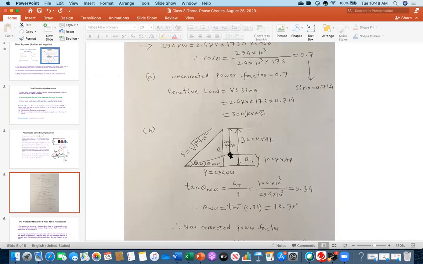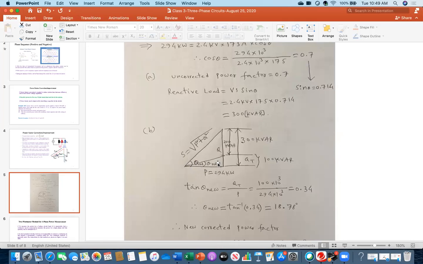This means the capacitor reduced the magnitude of Q. So now you got this new triangle, and this is your new Q. I have called the new one QT, this magnitude, and this is the hypotenuse. So you are getting a new theta, which I have designated theta new. So there is the previous theta old, and I have got the new theta.